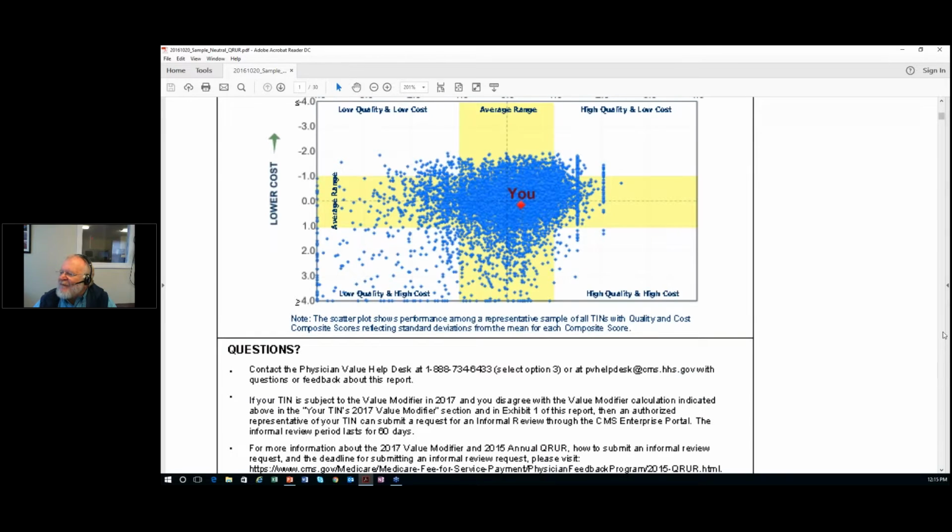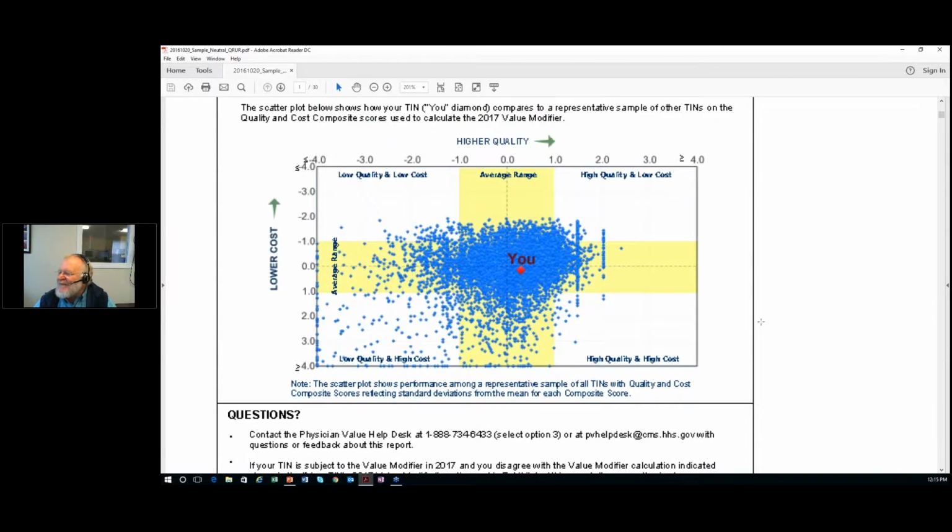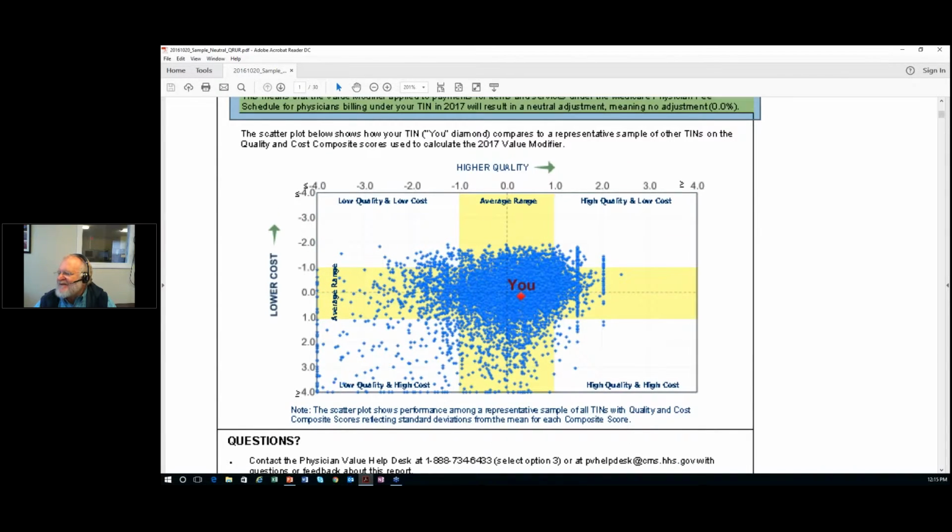Now, we're presented with the same data in a graphic sense. So this is called a scatter plot, and it shows this box in the middle. This area is the average. It's the center, it's where quality performance is average, it's where cost performance is average, and if you fall in this box, you get no adjustment one way or the other.